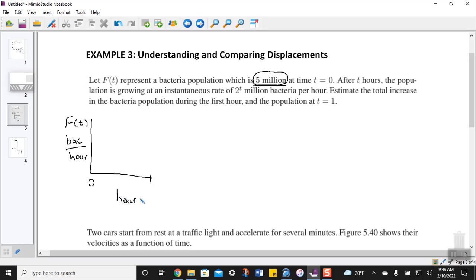They say estimate the total increase in bacteria population during the first hour. So my total growth is going to be the integral from, what are my limits? 0 to 1, of my function, which is 2 to the t.